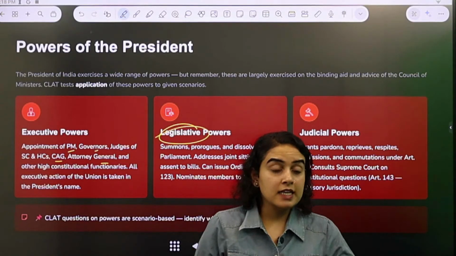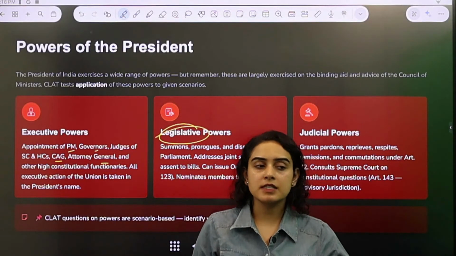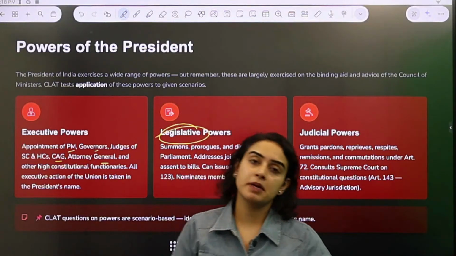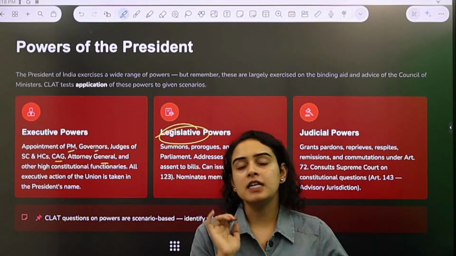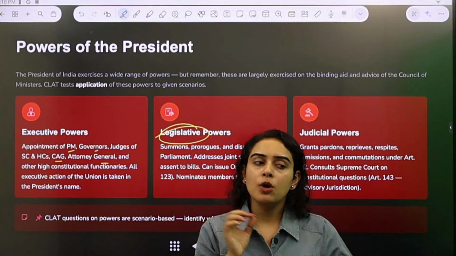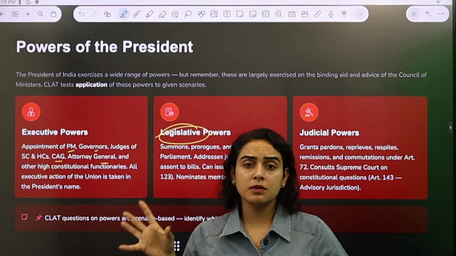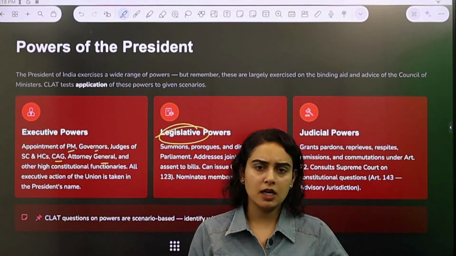There is something called an ordinance. Okay, an ordinance is a temporary law which is made by the president. Now, why is the president even making temporary laws? Let us understand it. The primary responsibility of making laws is with the parliament.